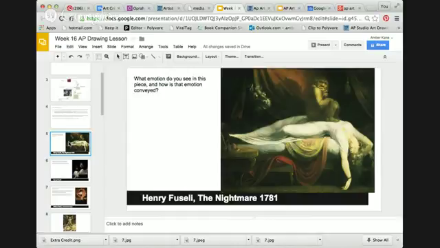What I want you to think about as you look at this piece, and these first couple pieces are all from the Romantic time period, is, and you can either talk or chat, what emotion do you see in this piece, and how is that emotion being conveyed in the painting?